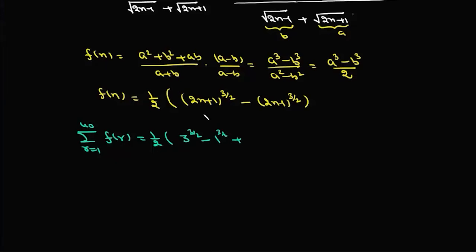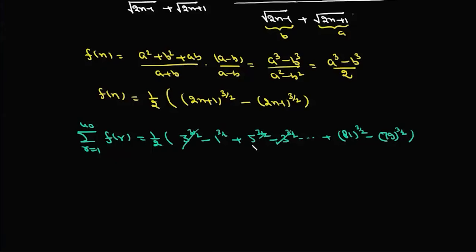If we put r as 2, we'll get 5 to the power 3 by 2 minus 3 to the power 3 by 2. And if we put r as 40, it will be 81 to the power 3 by 2 minus 79 to the power 3 by 2.